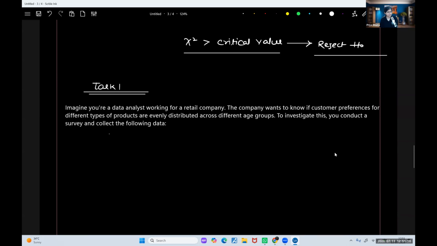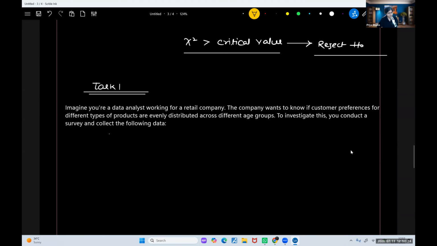So the company eventually wants to know कि जो customer की जो preference है अलग अलग products के प्रति, क्या वो evenly distributed है across different age groups, या फिर age का बहुत बड़ा impact होता है? What do you think? Evenly distribution होता है या फिर नहीं होता? So आपको इसी के बारे में चीजें करनी है.